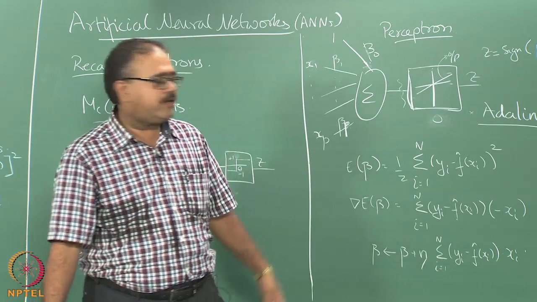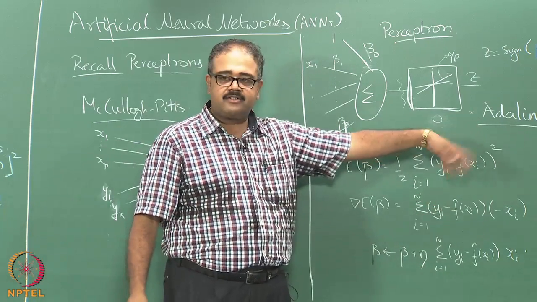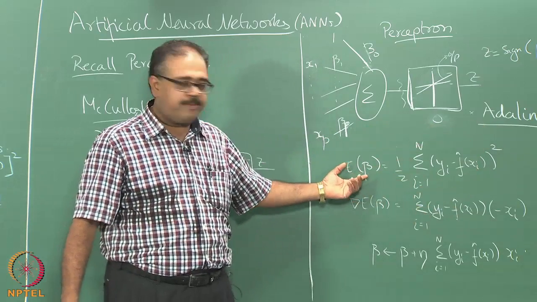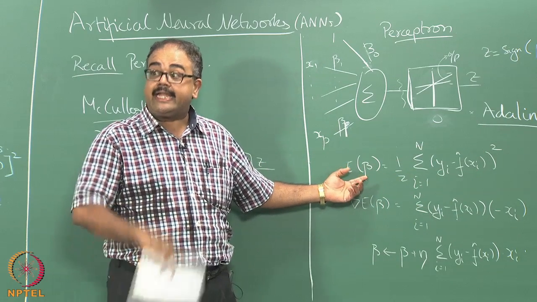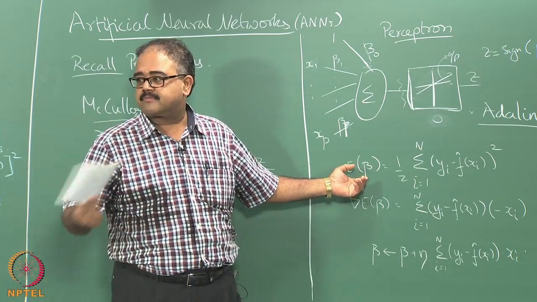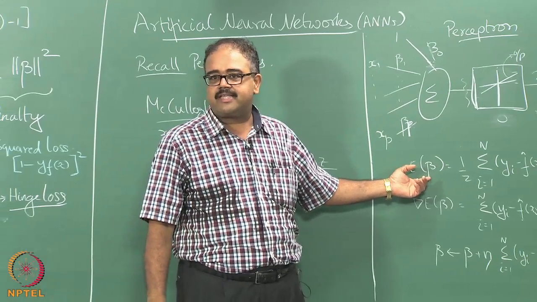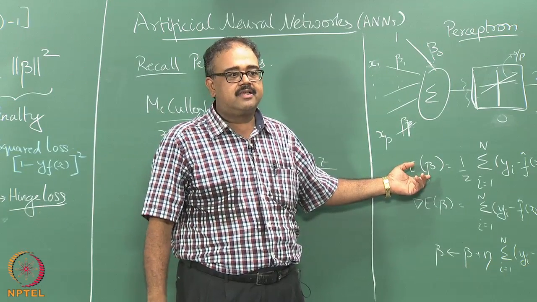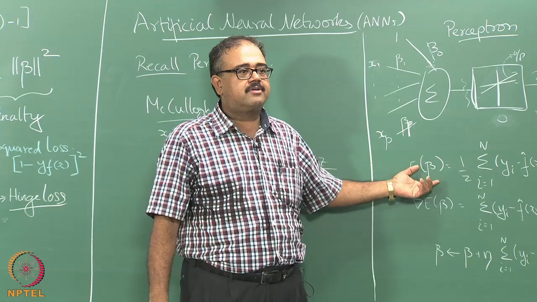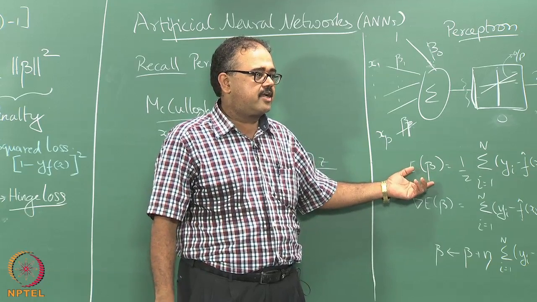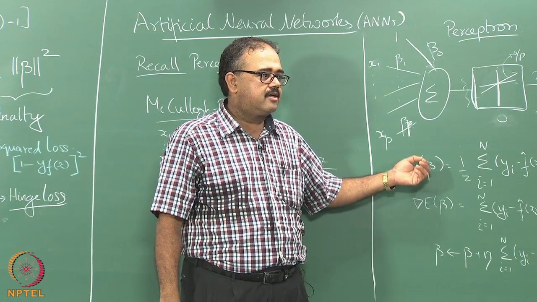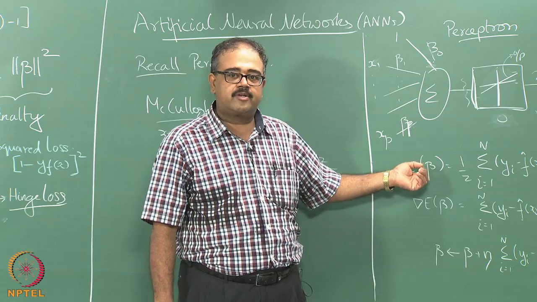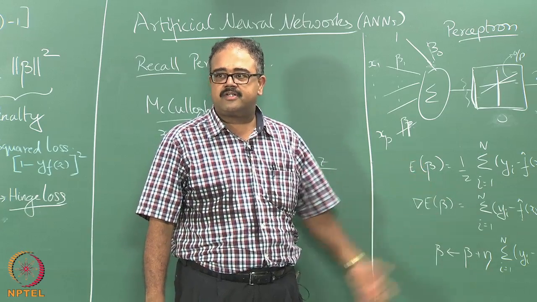So what you are essentially doing is there is an error function, which is the error function of beta on the entire input space. What I am really trying to minimize is the error on the entire input space, but I can't compute that gradient because I do not have the data distribution, I do not have the entire data set available to me. I only have a sample and the sample was chosen in a stochastic fashion.